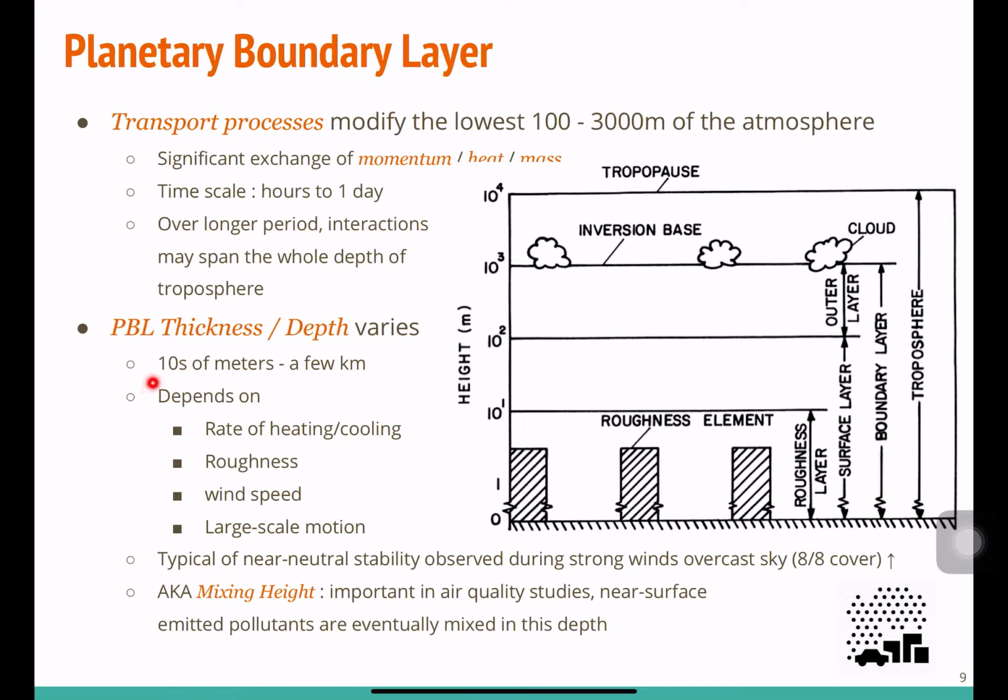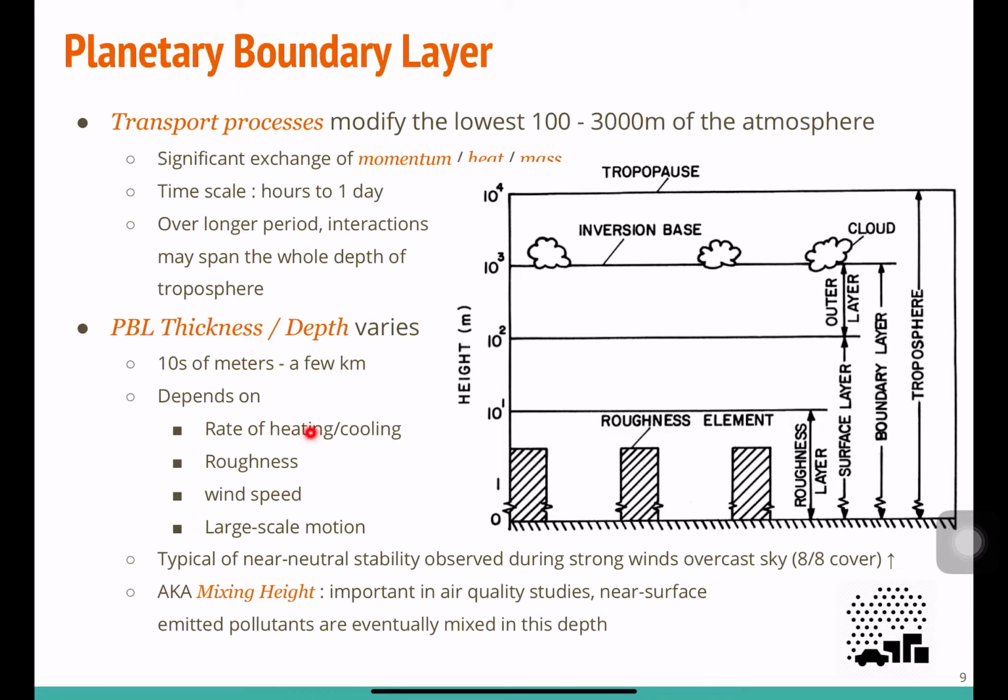And the thickness of the boundary layer is actually changing all the time. It could be from tens of meters to a few kilometers. So most of the time we think of the boundary layer with a height of 1 kilometer, but it's actually changing all the time.